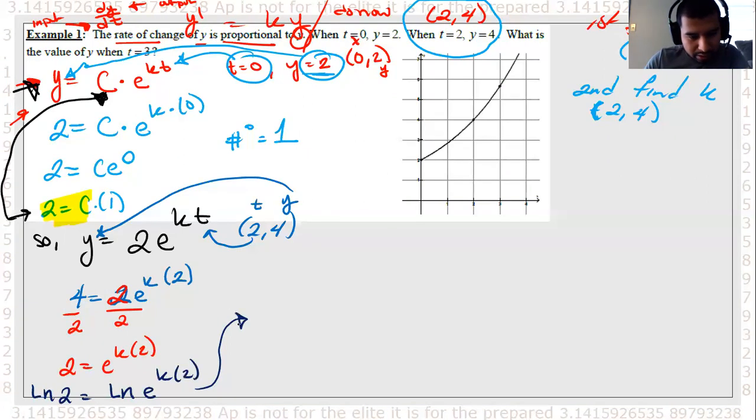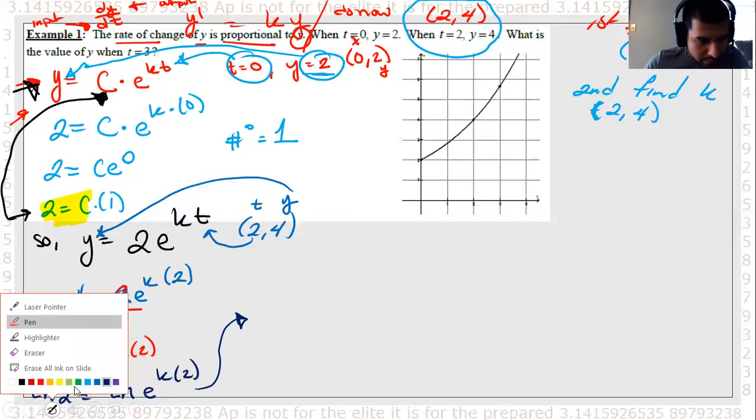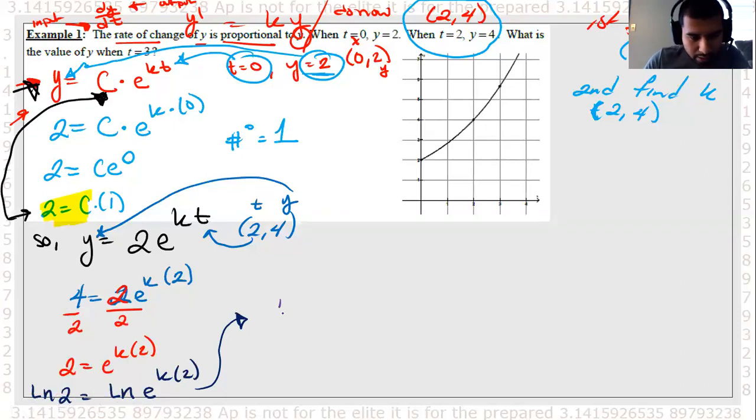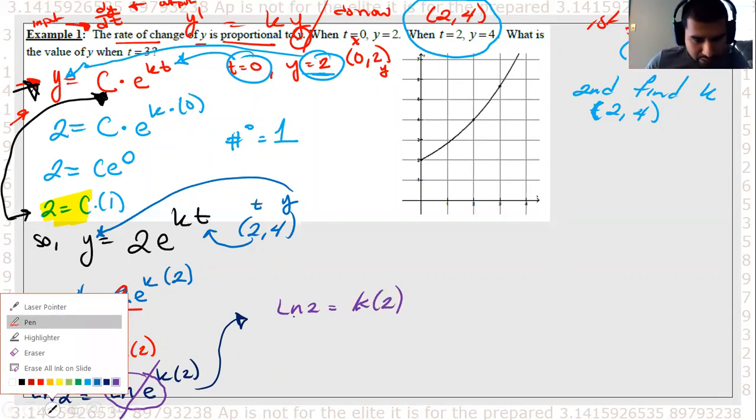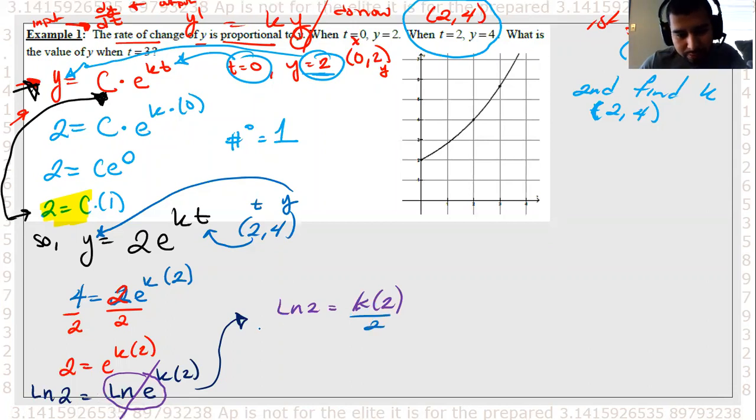And that gives us the following. ln of 2 is equal to, well, ln and e are inverses, so I can get rid of them. So all I'm left with is 2k. And we can solve for this. Divide by 2, divide by 2. k is equal to ln 2 divided by 2.